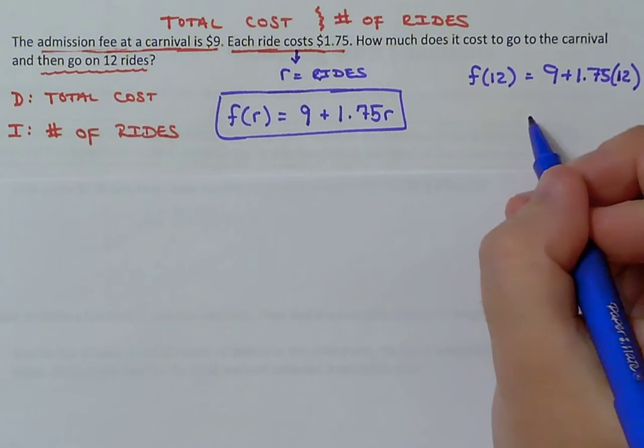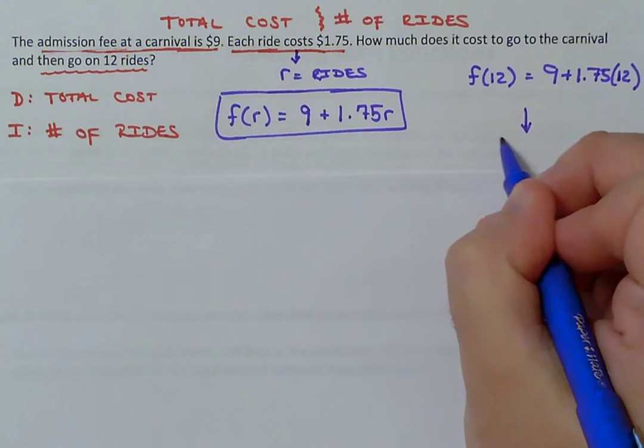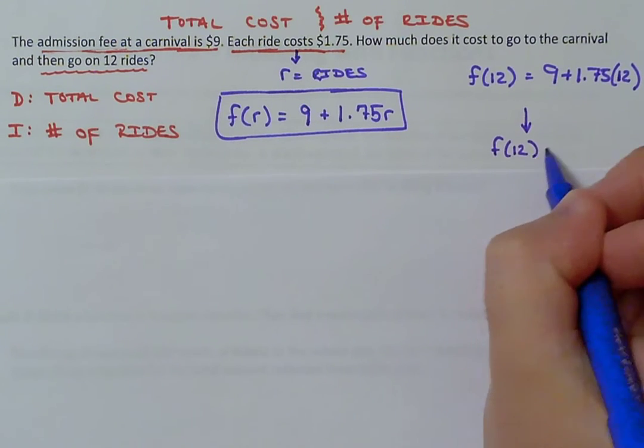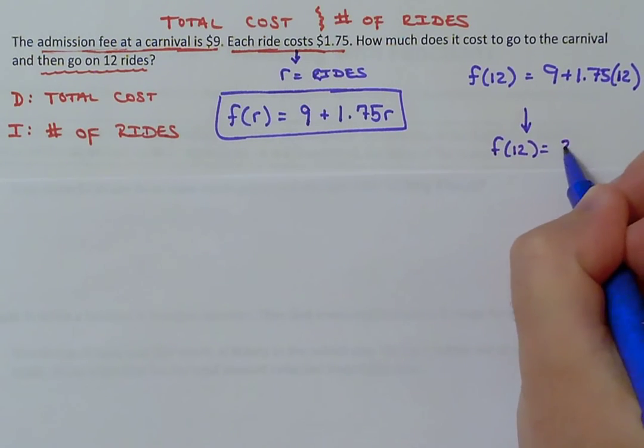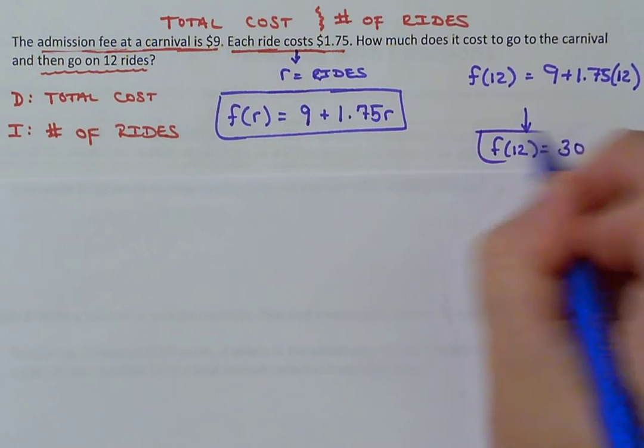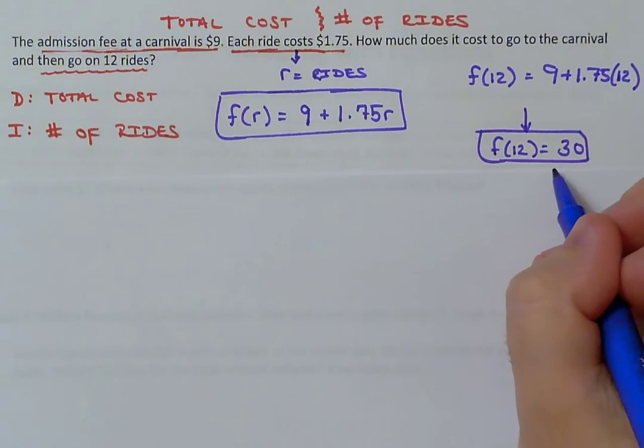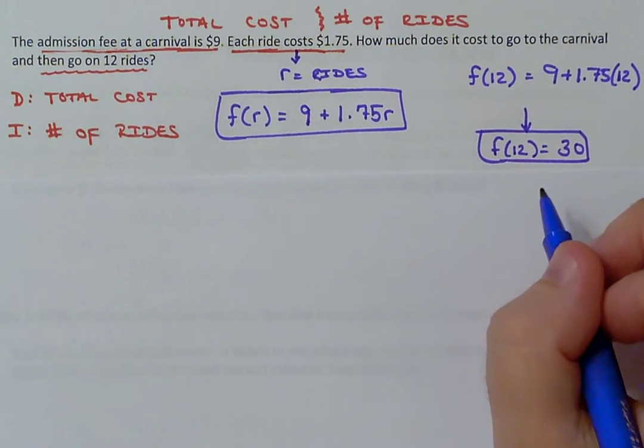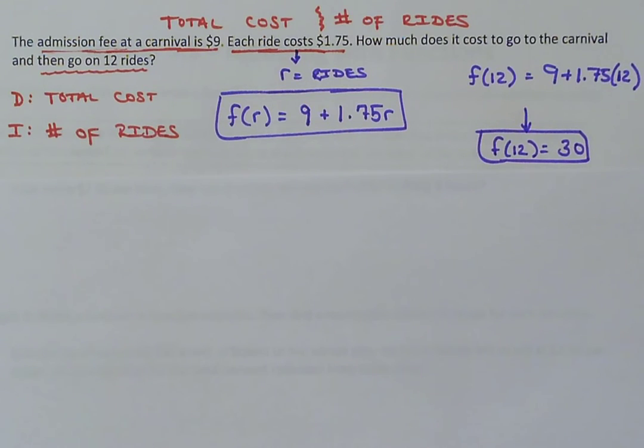Plug that in your calculator, and we should get f of 12 equals 30. That means it costs $30 to go to the carnival and ride on 12 rides. All right, so that is example 1b.